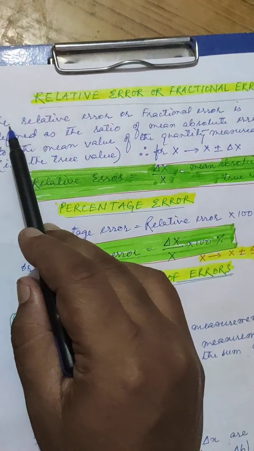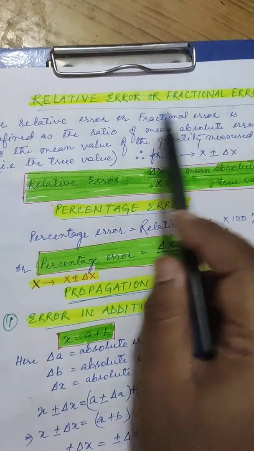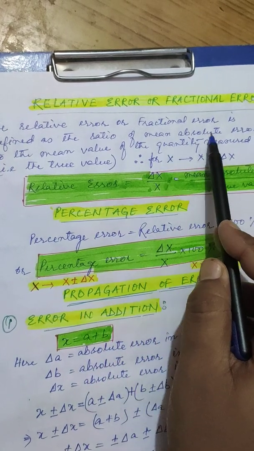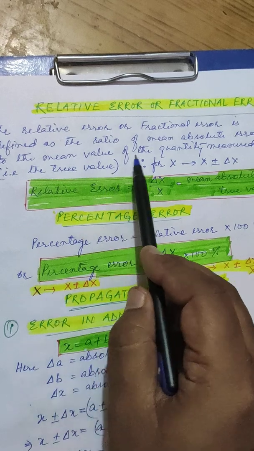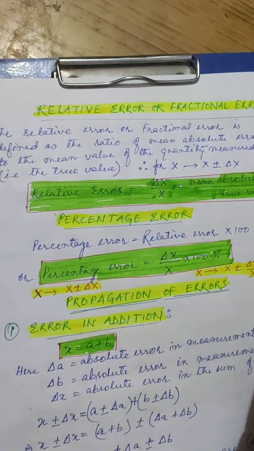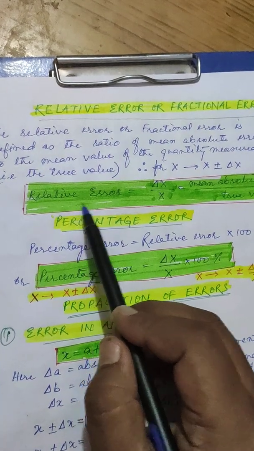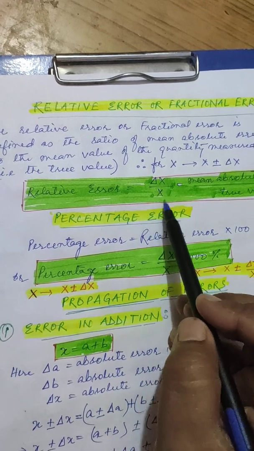As definition we have written here, the relative error or fractional error is defined as the ratio of the mean absolute error to the mean value of the quantity measured, that is the true value. So relative error is absolute error, mean absolute error divided by the true value.